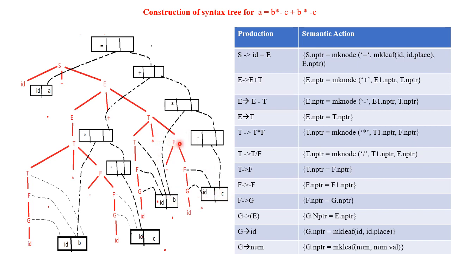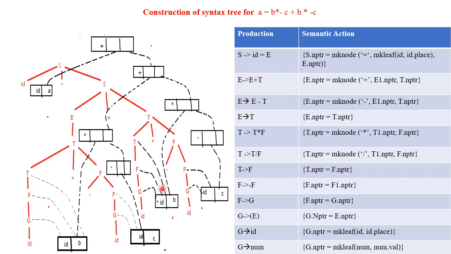And here F gives minus F. We have created a node for minus C. That is, the minus operator is unary minus and the operand is C. And here we have done T gives T star F and created a node for star.